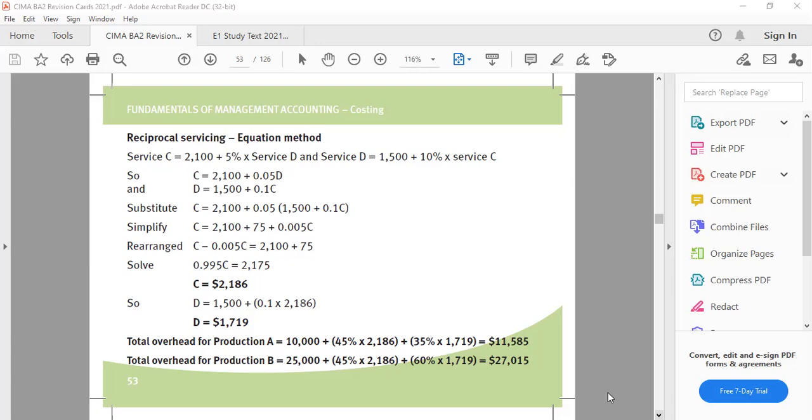B will be, one small mistake I made. Just a minute. C is not 2,100. Now C has a new value 2186, and D is 1719.